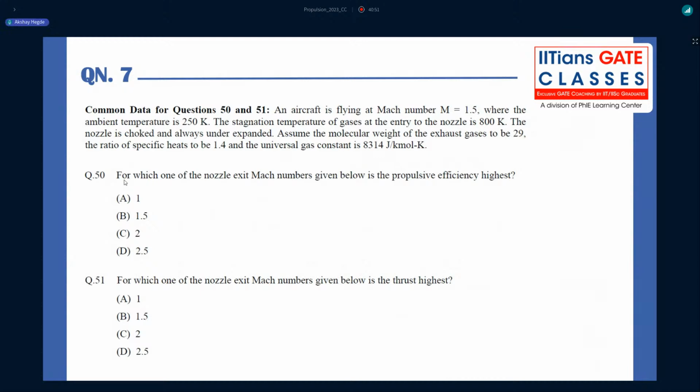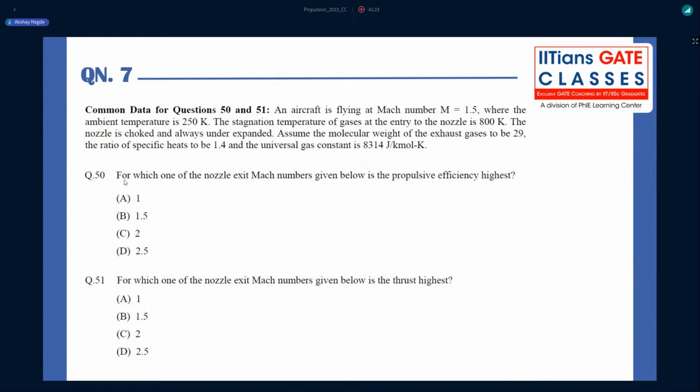What is given? An aircraft is flying at a Mach number of 1.5, where the ambient temperature is 250 Kelvin. The stagnation temperature of gases at the entry to the nozzle is 800 Kelvin. The nozzle is choked and always under expanded. Assume the molecular weight of the exhaust gases to be 29, the ratio of specific heats to be 1.4, and the universal gas constant is 8314 joules per kilomole per Kelvin.